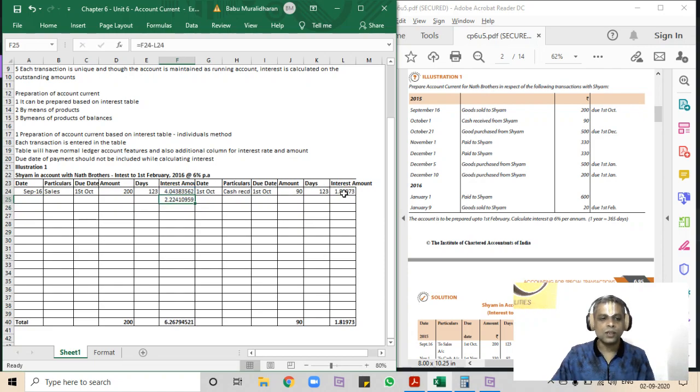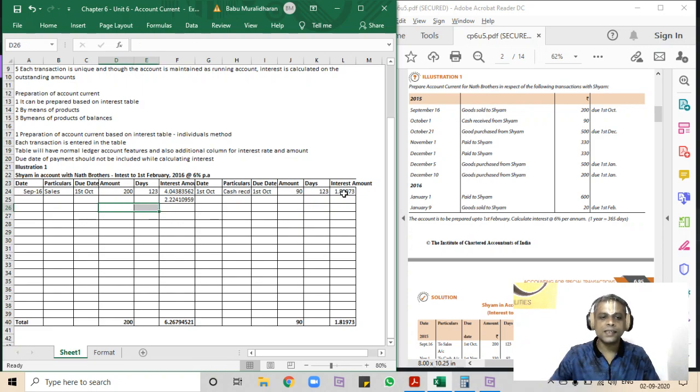So let's put 110 rupees and 123 days. 110 rupees because that is the amount that is due, right? 110 into 123. Let's see what is the interest that's coming in. 2 rupees 24 pies.